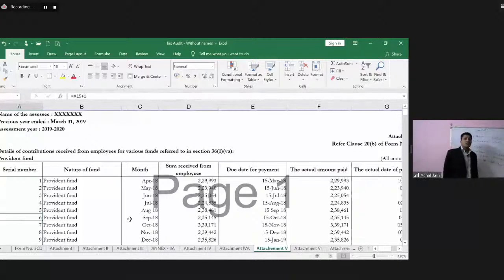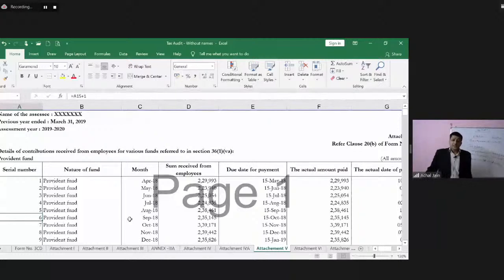Now, what are these contributions which are received from the employees? Provident fund. For the PF, one part is contributed by the employer and the other part is contributed by the employee. And this is always a part of the CTC of the company, or we can say generally a part of the CTC of the company.